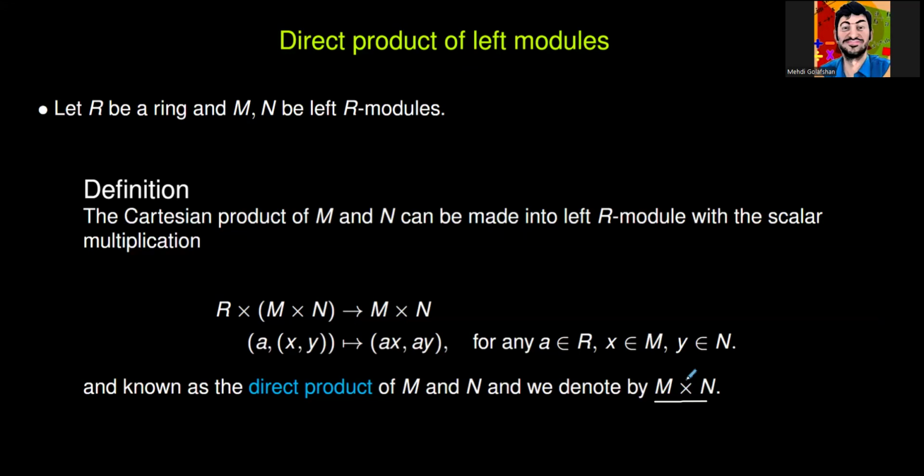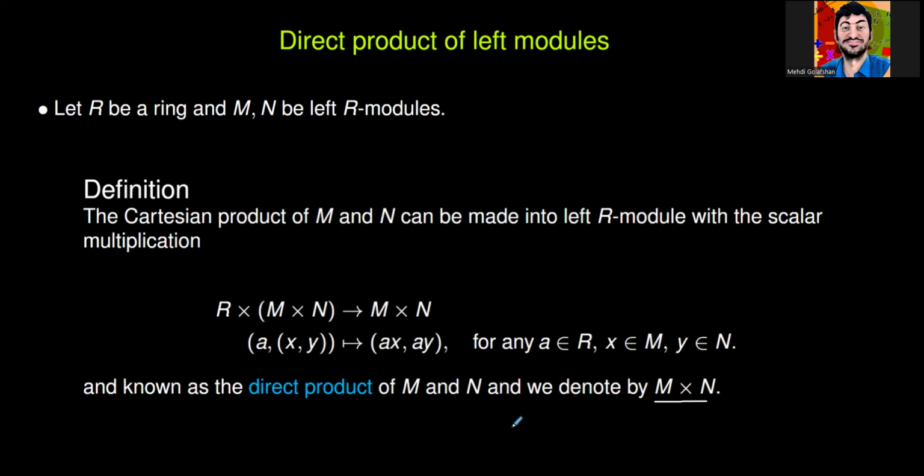So if you take any element a from R and a pair (x, y), you have this multiplication, for a in R, x in M and y in N. Using this, the Cartesian product of M and N satisfies all conditions of a left R module.